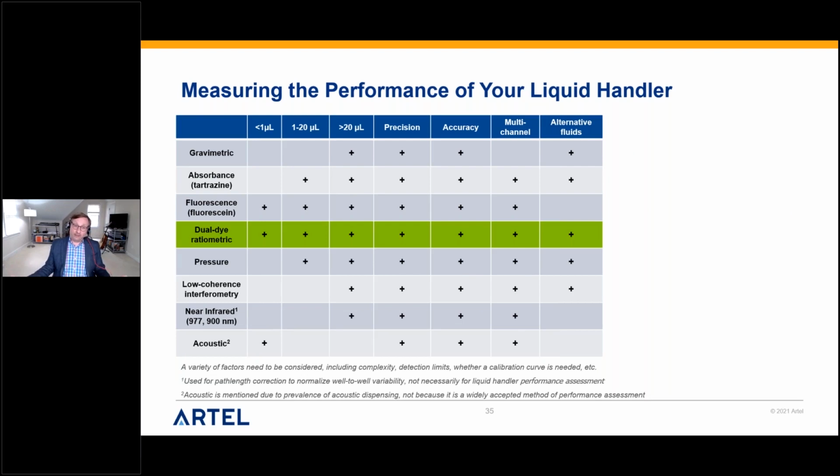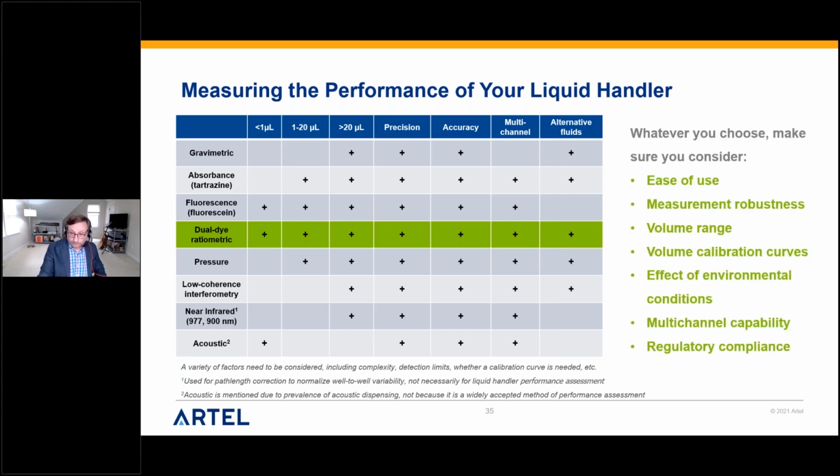Now, how do we measure this stuff? That's probably an important consideration, and there are a number of ways: you can weigh the stuff out gravimetrically, absorbance dyes, a lot of times people use those techniques, fluorescence, or there's this dual dye ratiometric technique. Whatever you choose, I would encourage you to make sure you consider a number of factors highlighted to the right here: ease of use, measurement robustness, the volume range, all the way down to regulatory compliance if you need.